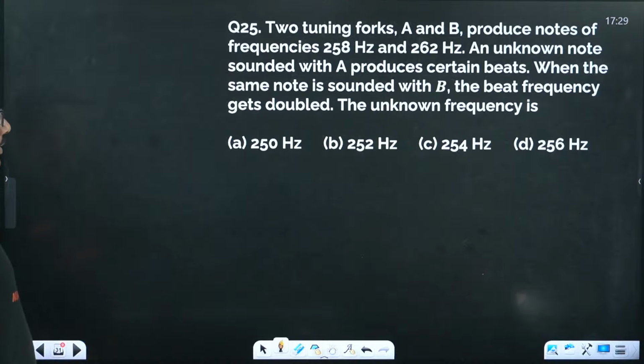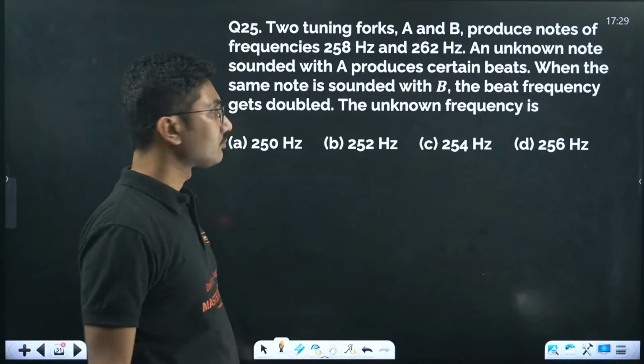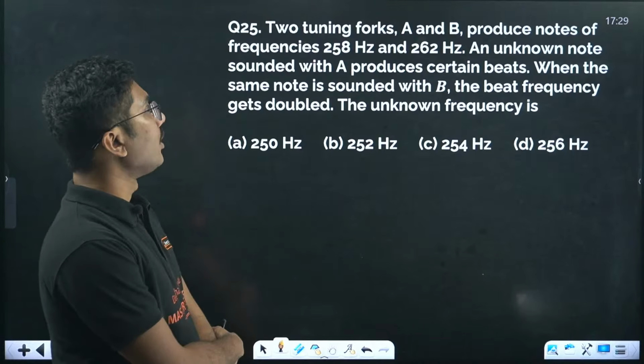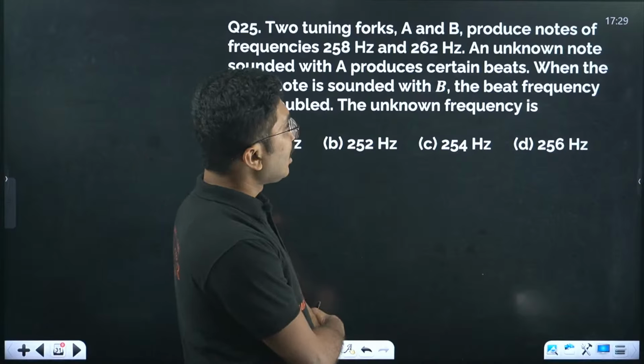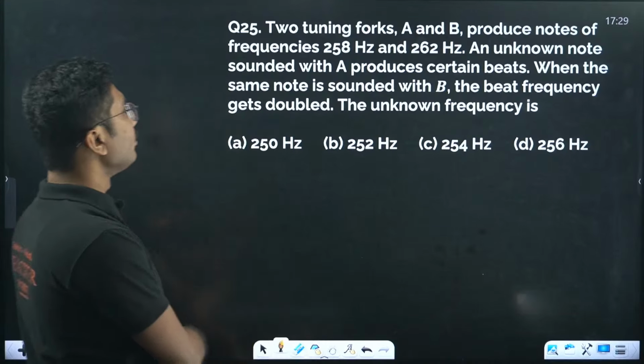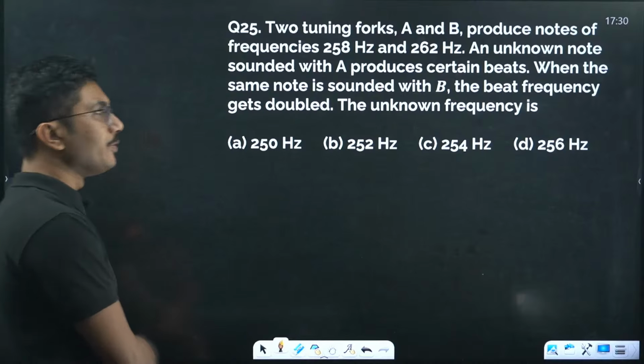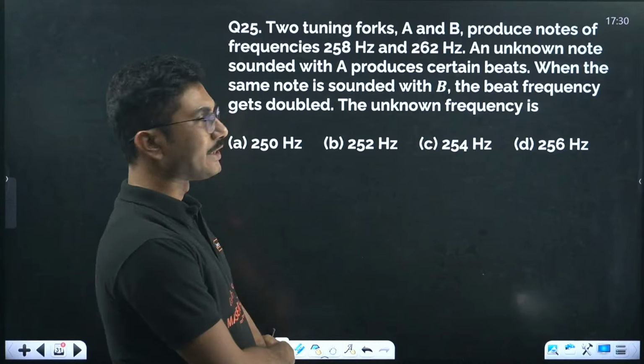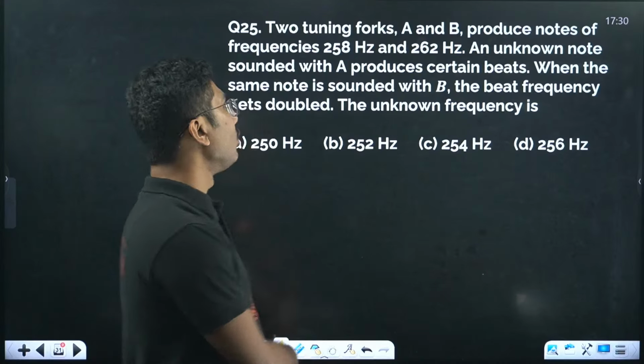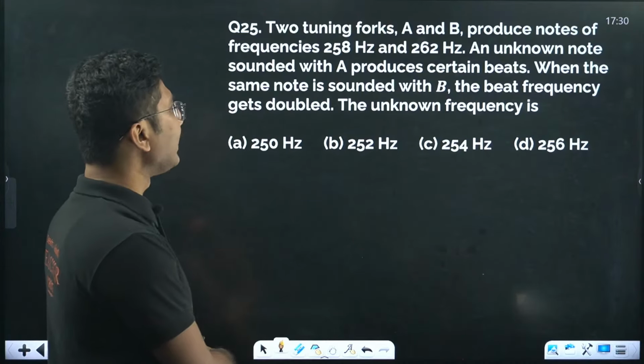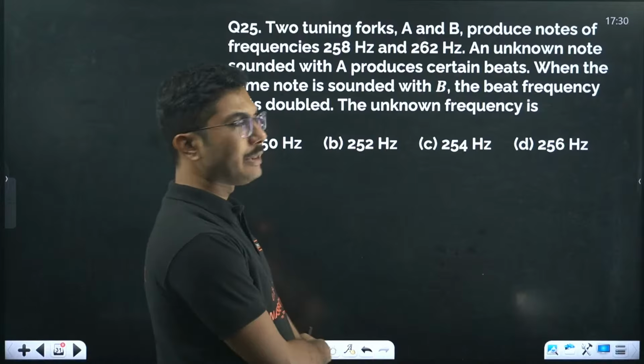Now next question. Two tuning forks A and B produce notes of frequencies 258 Hz and 262 Hz. An unknown note sounded with A produces certain beats.